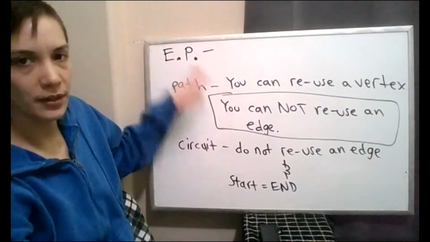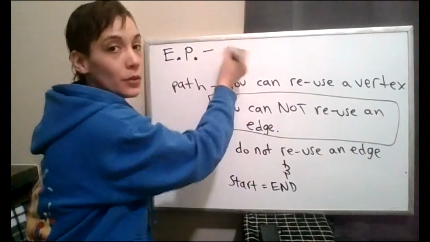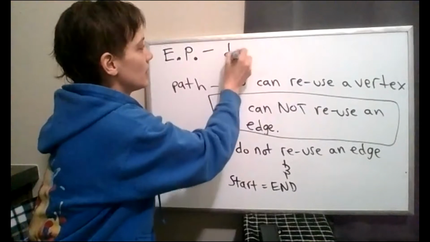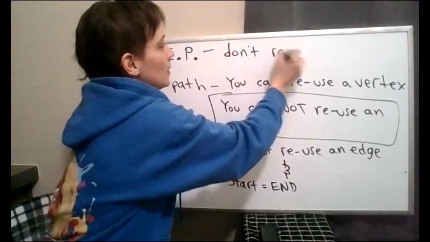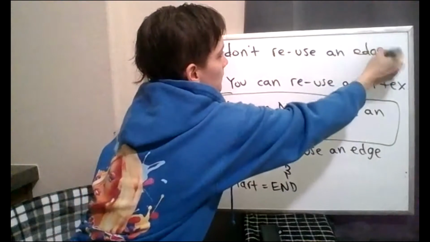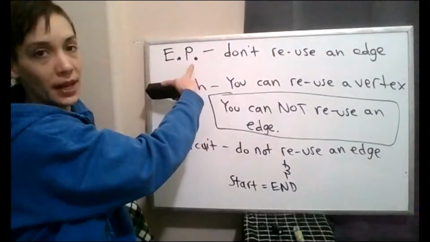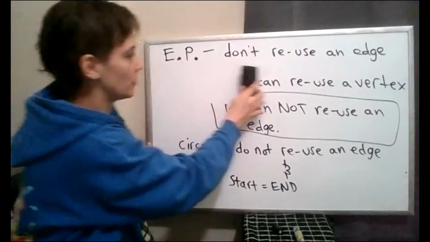So the path part, use each edge one time. Don't reuse an edge. But an Euler path means you use every edge.